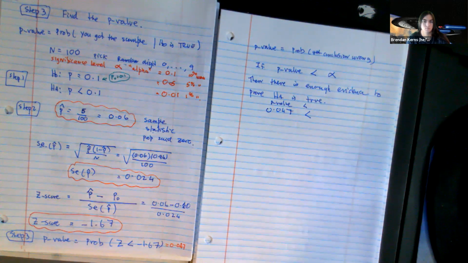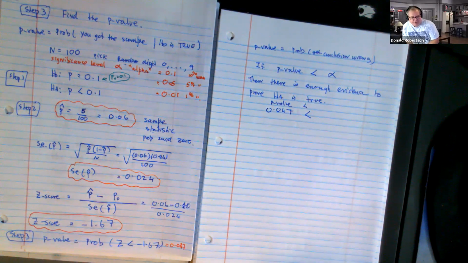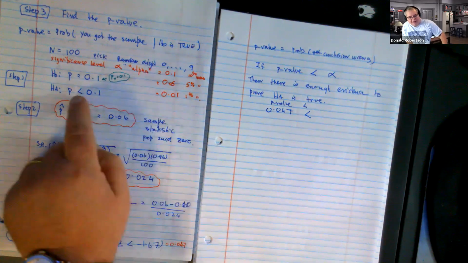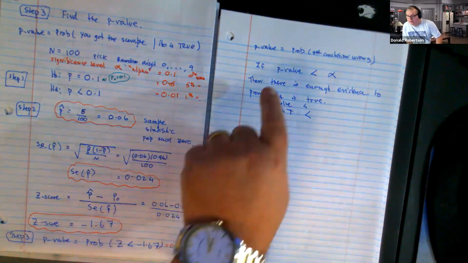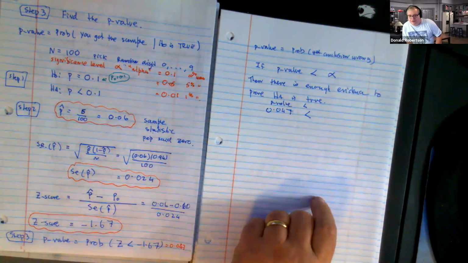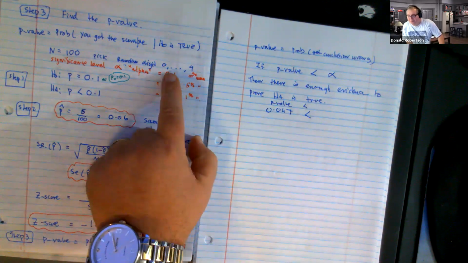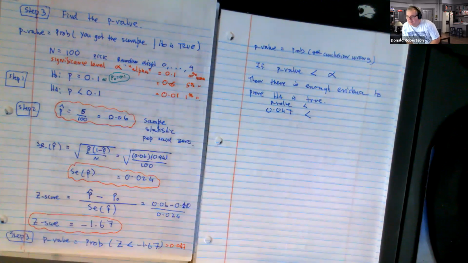Right. Well, the answer actually is a bit of a trick question. You shouldn't be picking any of them yet. Because see that alpha? That should have been decided before we've done any of this. Because if you do it the other way, don't you look at the answer and then decide which one you want to pick so you can get evidence, right? That's frowned upon in the statistics world.